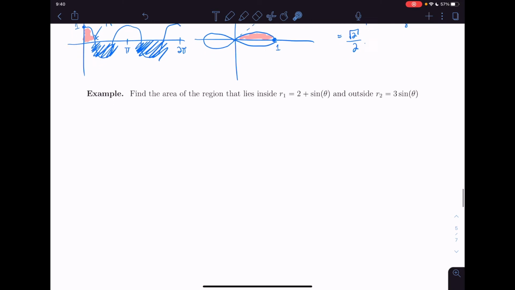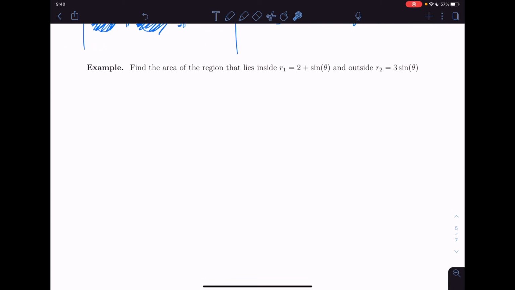So let's take a look at another example. Here we're going to compare, again, 2 different polar curves. Here we have a dimple and a circle family. And so if I draw what these look like, this is going to be a dimple pointing upward.